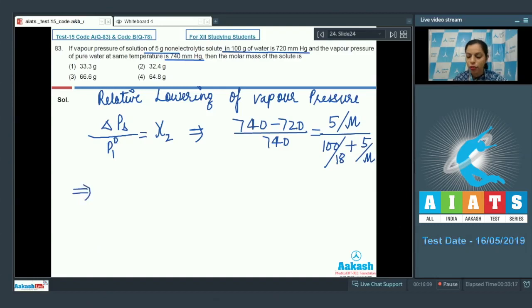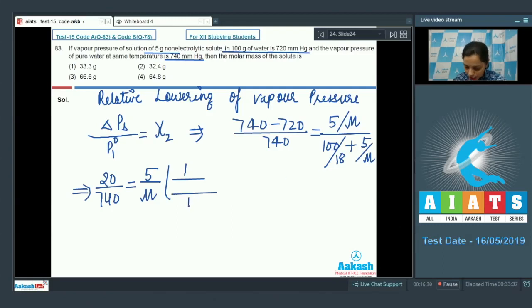Here 740 minus 720 becomes 20 by 740. So I'll write here 20 by 740, and that should be equal to 5 by M divided by 100 by 18 plus 5 by M.